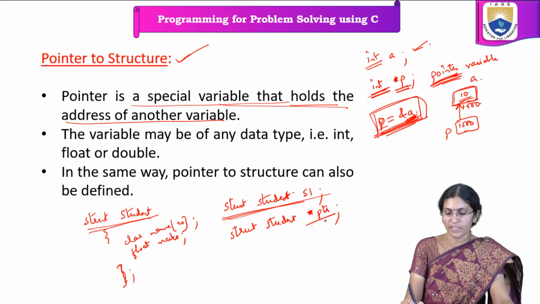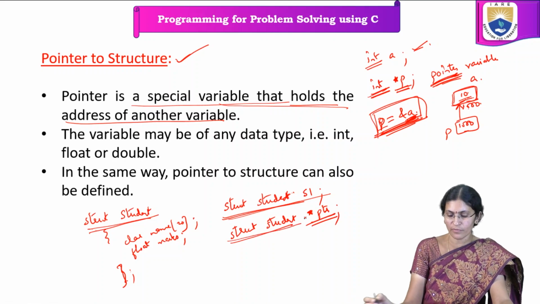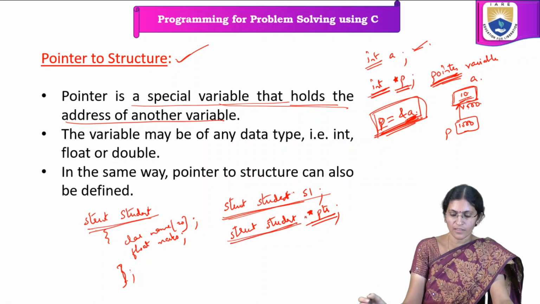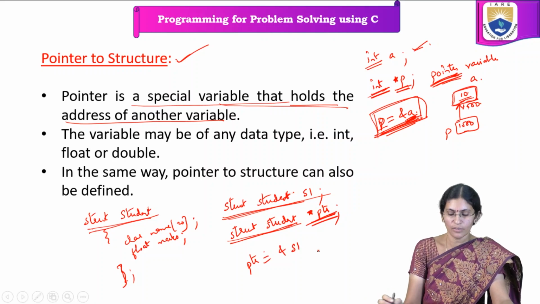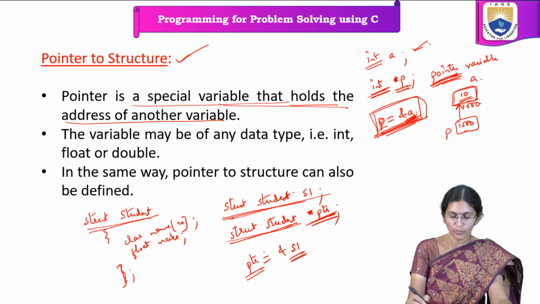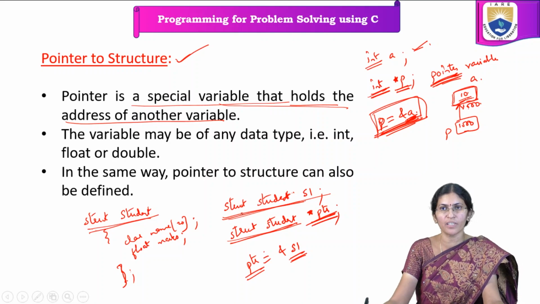This implies that ptr is a pointer variable which contains the address of a struct student. We then initialize it: ptr is equal to ampersand of s1. This implies that ptr is pointing to s1, that is, ptr contains the base address of s1, where s1 is a variable of type struct student.